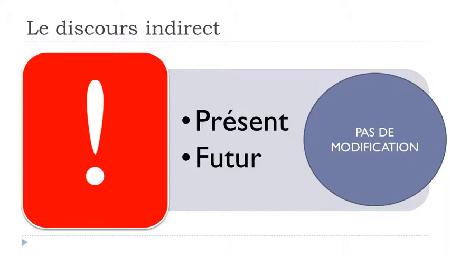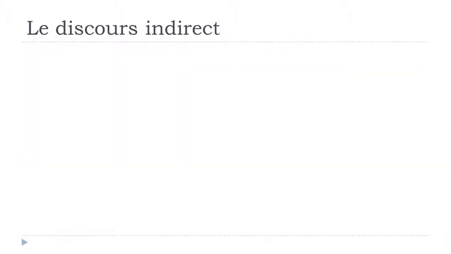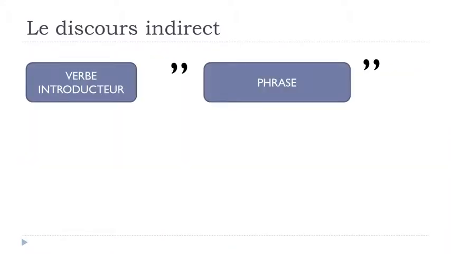But then, of course, it's the French language, and we've got to think that if we've got the common structure that we will have, so verbe introducteur, and then after that we've got the phrase, the sentence, okay? If you've got this first part here at the passé, so it's the past here. Passé means past.